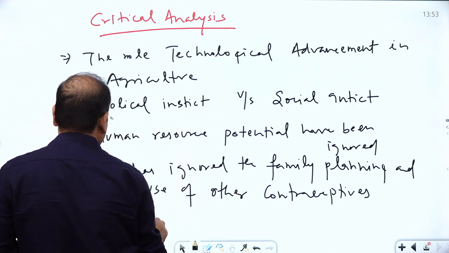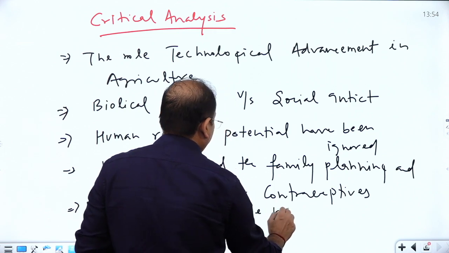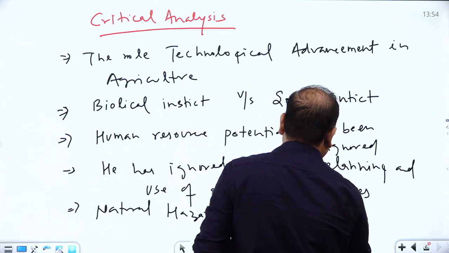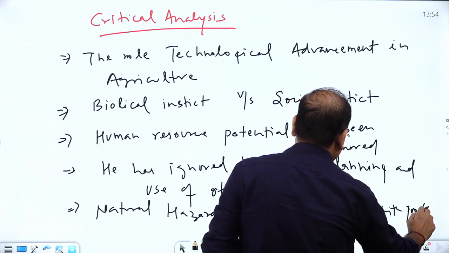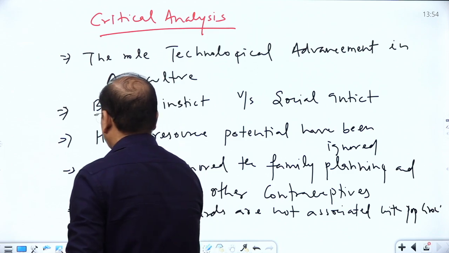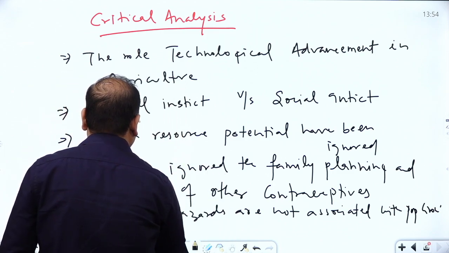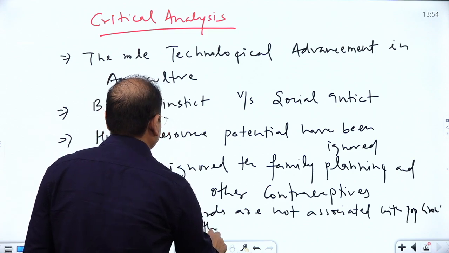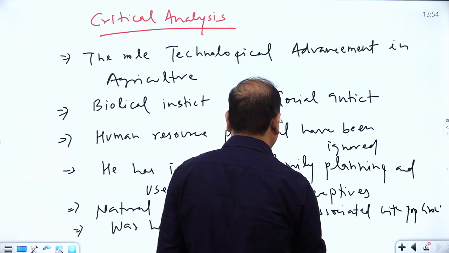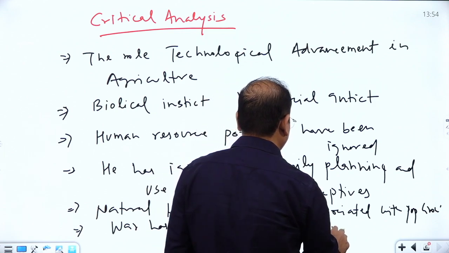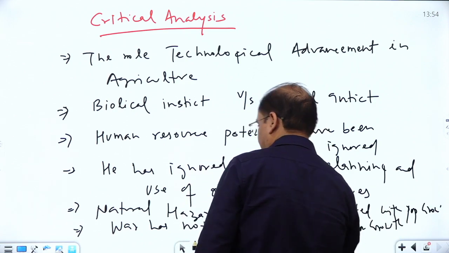Natural hazards are not associated with population growth. Also, war has nothing to do with population growth.